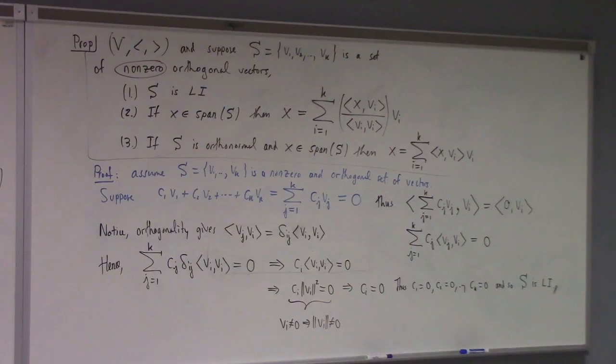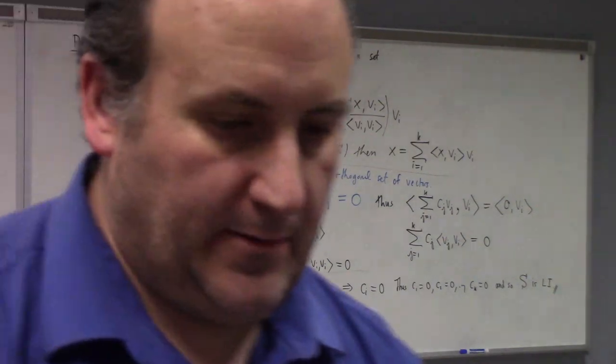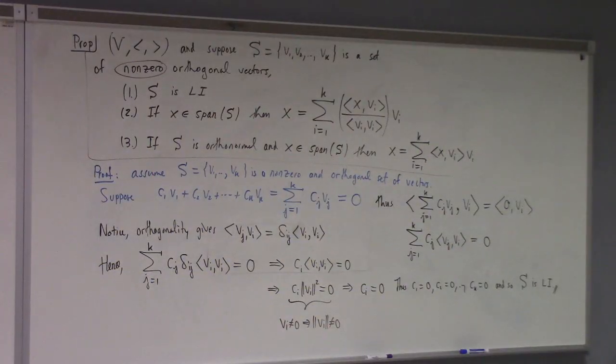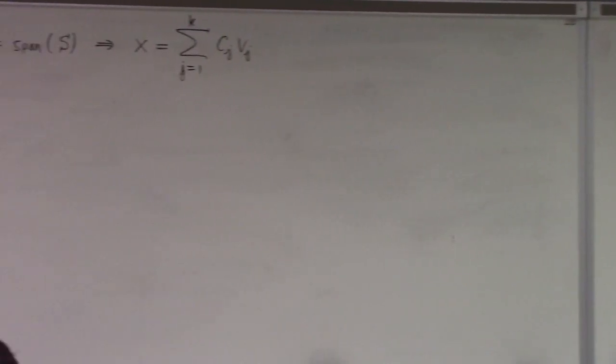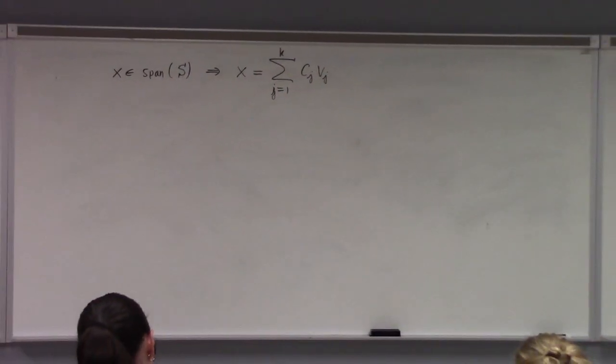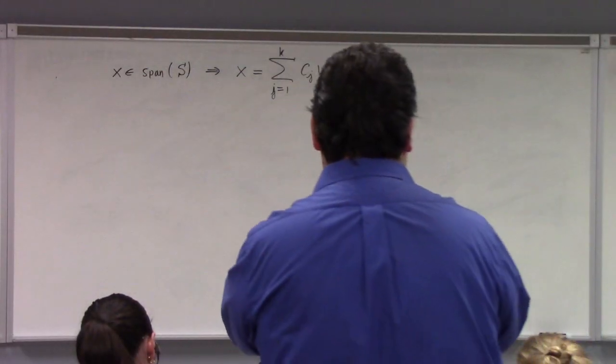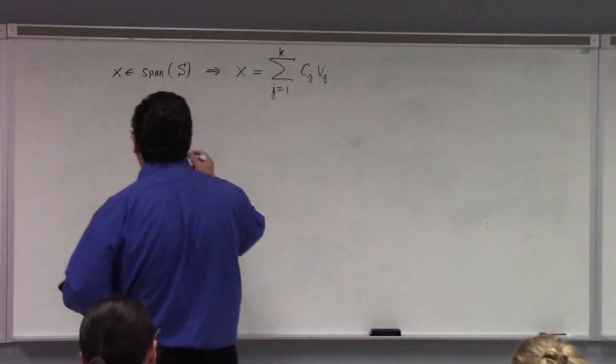The difference now is that we're not saying 0, we're saying x, right? But the calculation is very, very similar. What are we going to do? So we're working on the proof of 2 right now, right? How about take the inner product, right?